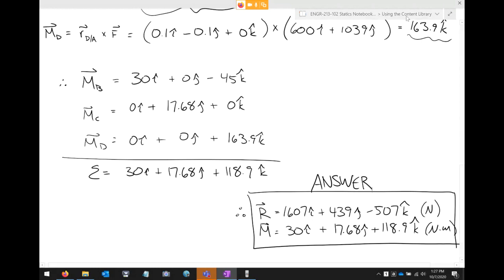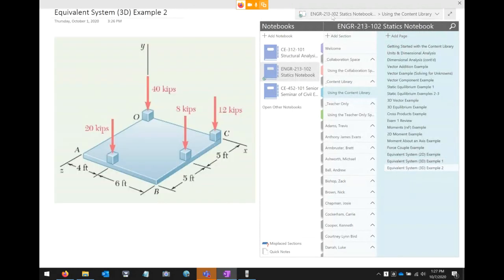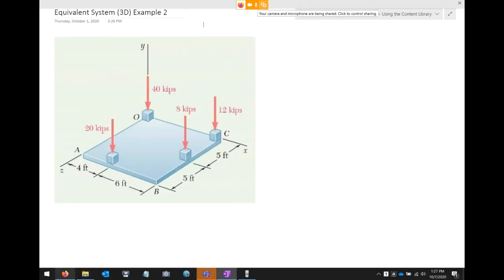Okay, let me jump into the next problem. This is our second problem. This is actually something you really have to deal with in geotechnical engineering. I have a square foundation being subjected to a series of column loads, the forces from the building applied down to the ground.